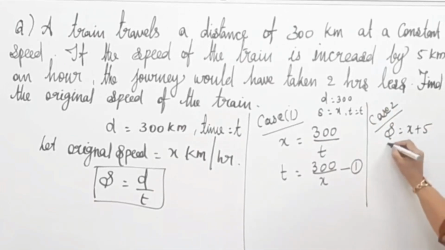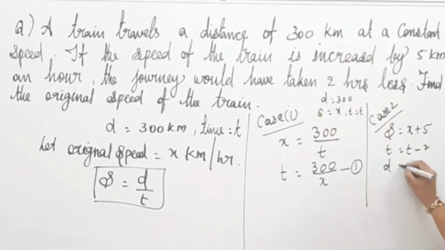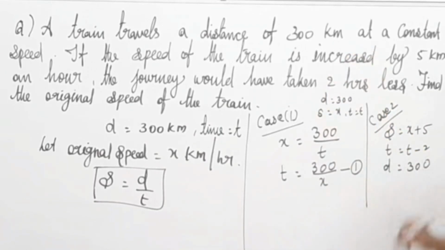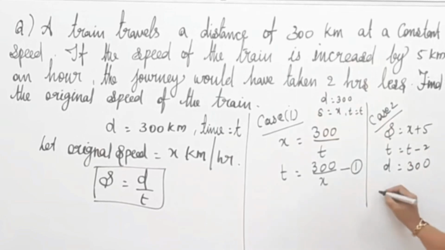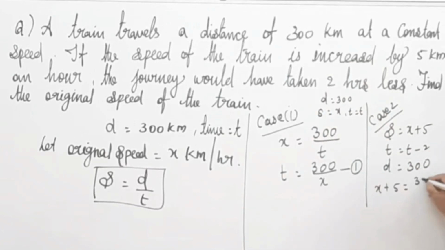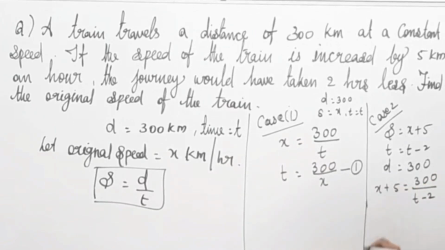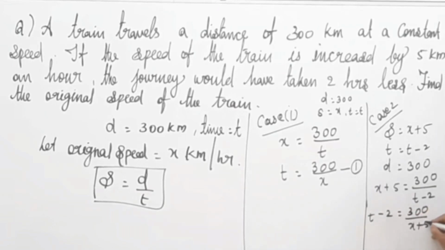My time would have been t minus 2 hours lesser, but the distance is the same distance, that is 300. Now I go and substitute x plus 5 is equal to distance is 300 divided by t minus 2. So I told you, you will bring it t minus 2 is equal to 300 divided by x plus 5. This is my second equation.